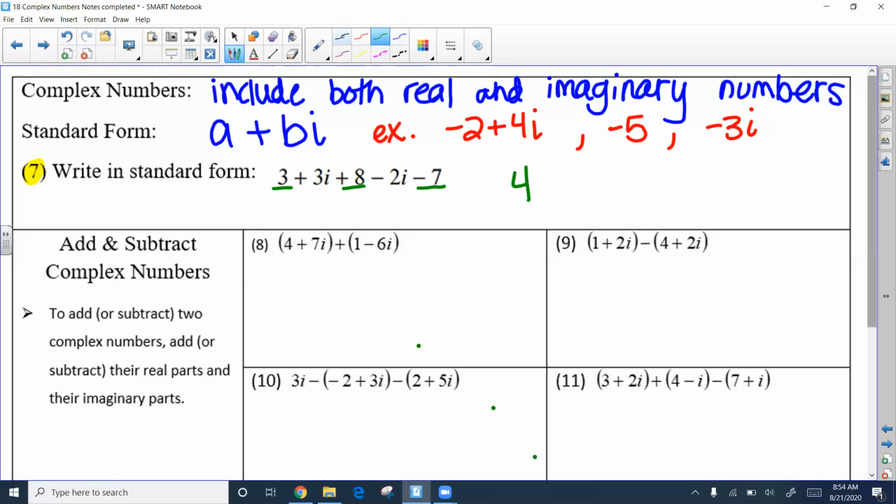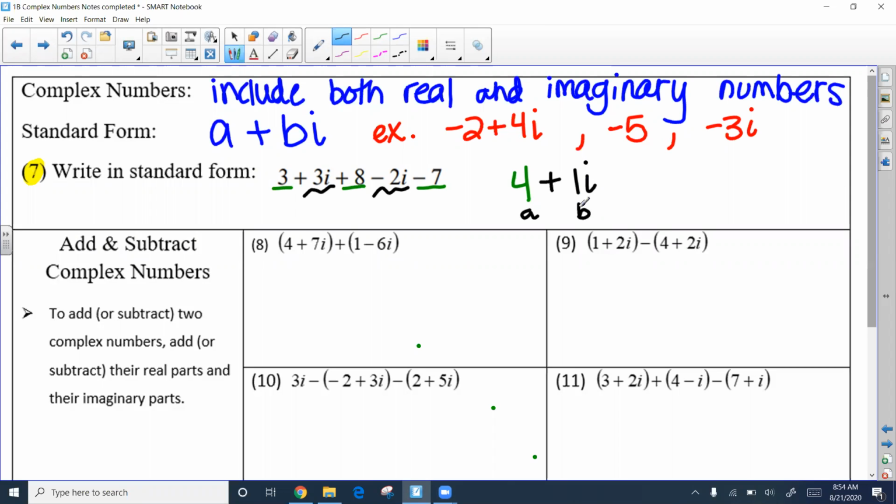I also need to combine the b part, which is the imaginary part. So I have 3i and -2i. Those combine to give me a 1i. And it's a positive 1i, so it'd be 4 plus 1i. So that means the a is 4 and the b is 1.